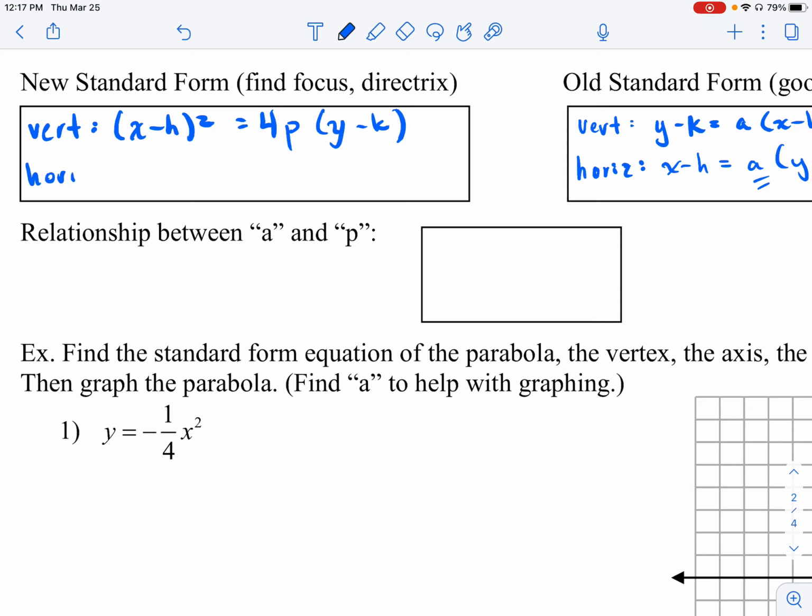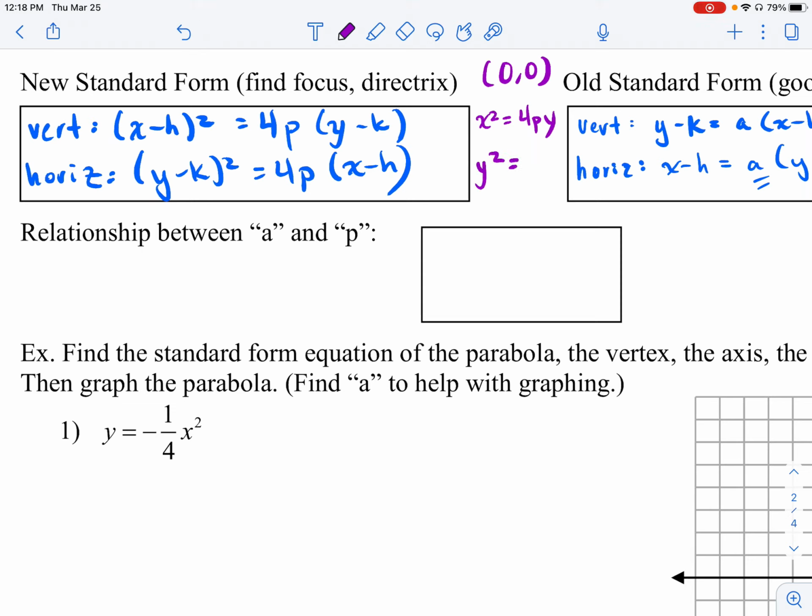And when it's horizontal, we say y minus k squared is equal to 4p times x minus h. We could also write versions of these forms when our center is at the origin. We would say x squared is equal to 4py. That means our h and our k values are 0. And y squared is equal to 4px.